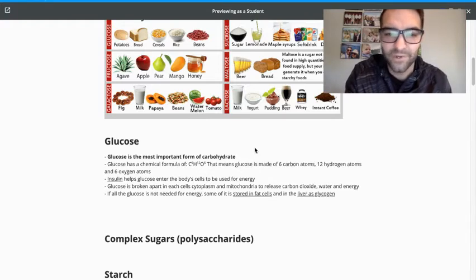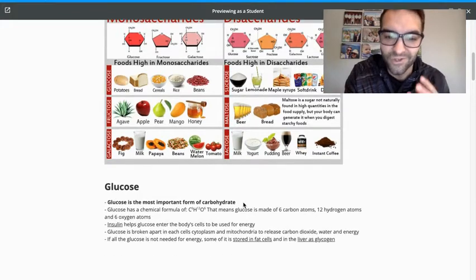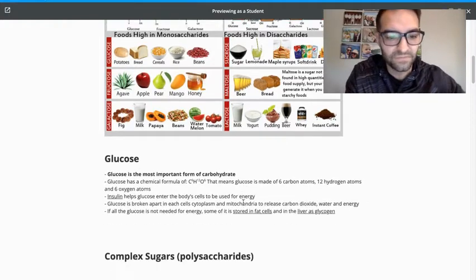And again, the reason I'm pointing that out, even though we've looked at it a few times now, is that there are only three elements that make up these carbohydrates, but the way they are formed and the way they're shaped, their structure, is very important.